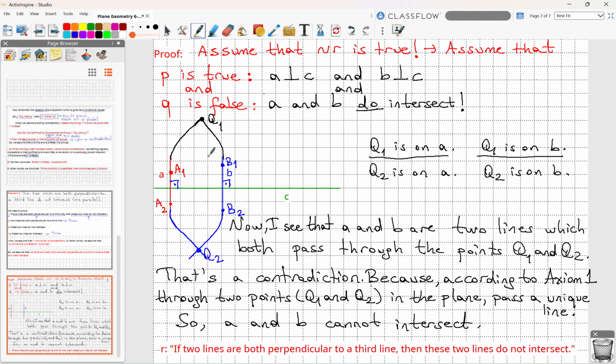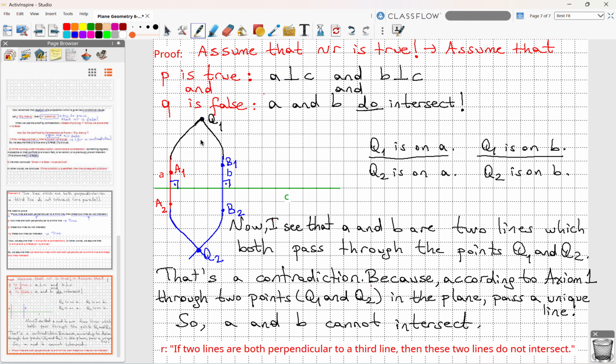This is a contradiction. Another contradiction is, remember axiom number 1, that was in our first video, plane geometry video number 1. Axiom number 1 says that through 2 points in the plane pass a line, and that line is unique.